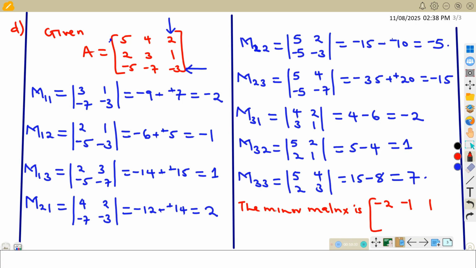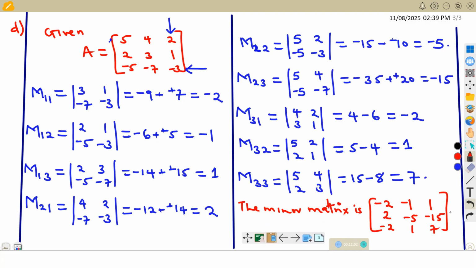Then M21 is 2, then this is negative 5, and this is negative 15. And M31 is negative 2, M32 is 1, M33 is 7. So this will be what we call the minor matrix.